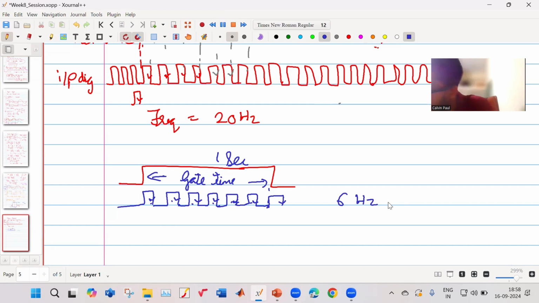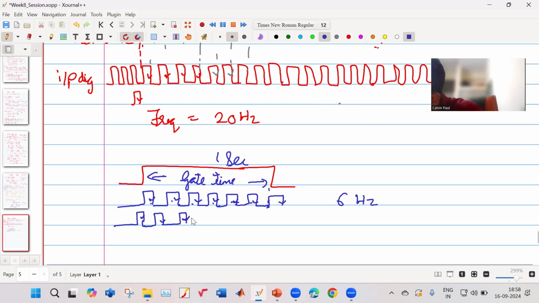What if it had a signal which was, let us say, like this. 1, 2, right? 3. So at this instant, after that, slowly there's been an edge. 4, 5, 6, 7, and so on.